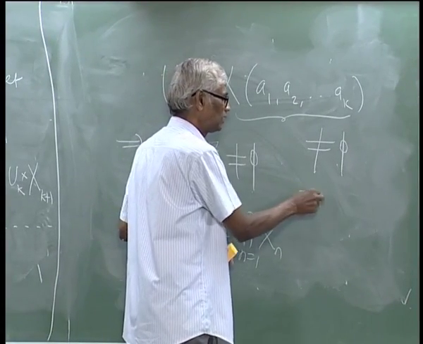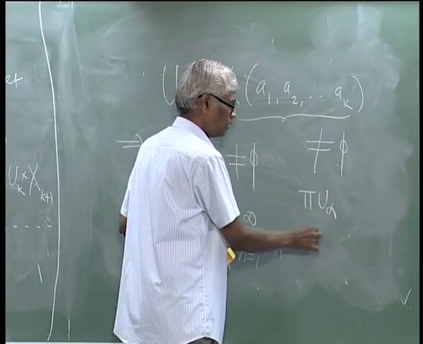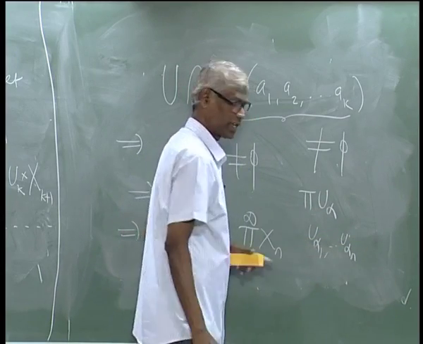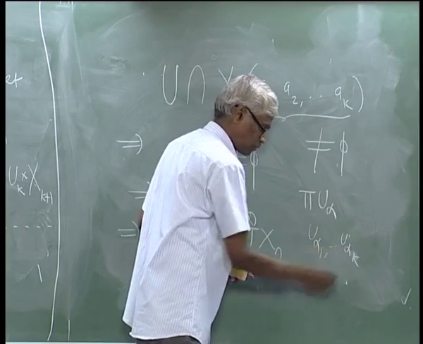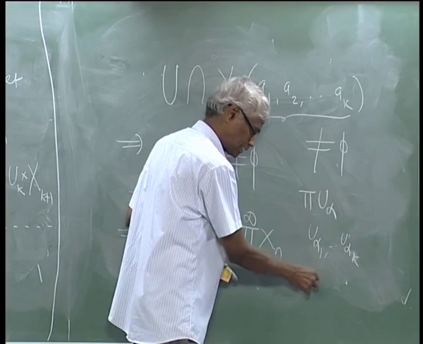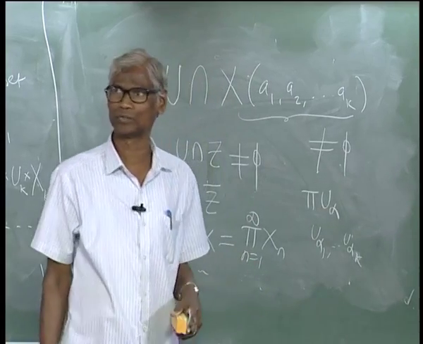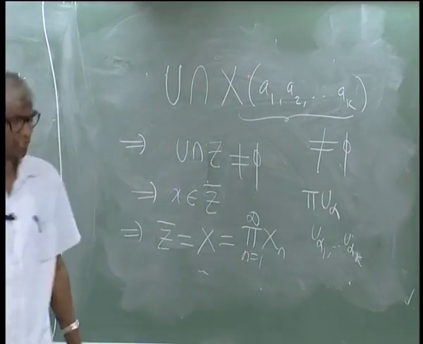Instead of writing that, we will write the product of U alpha, where U alpha1 up to U alphak are open in the corresponding X alpha1, ..., X alphak, and the remaining U alpha will be the whole space. So, thank you.